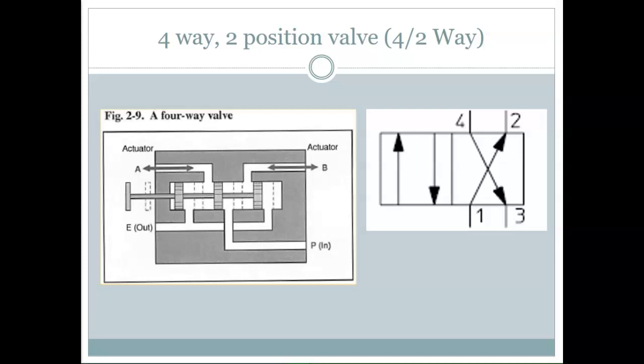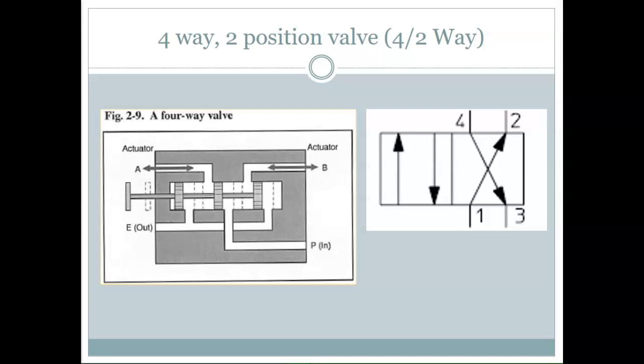So you will always have an input, so you should always have a 1. And you will always have an output, so you should always have at least a 2. That's why there is never less than 2 ports or 2 ways. Everybody good? Okay.